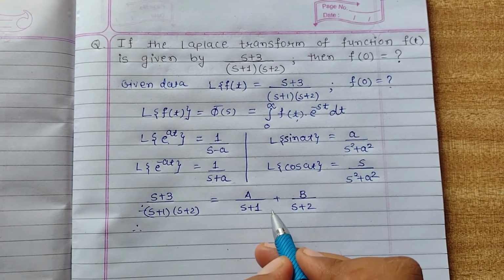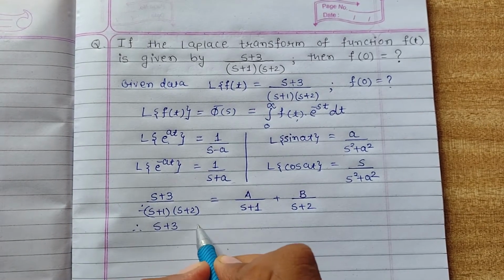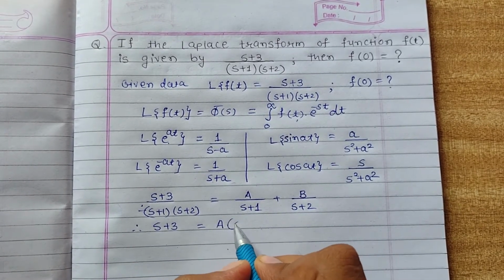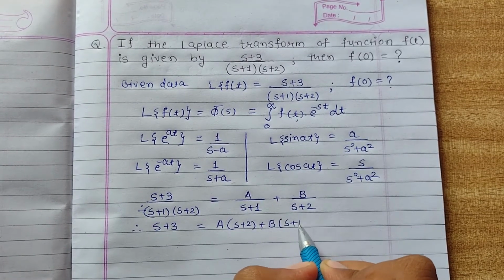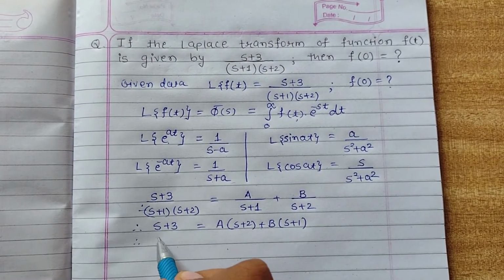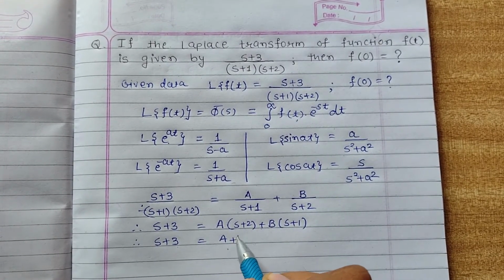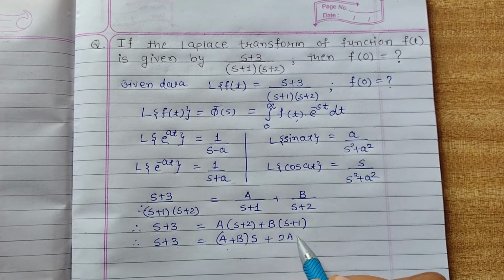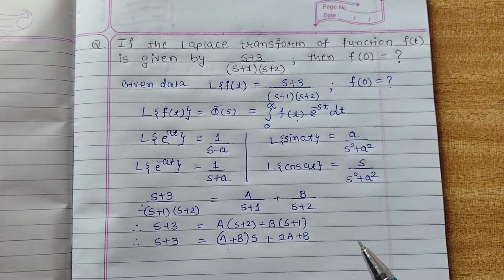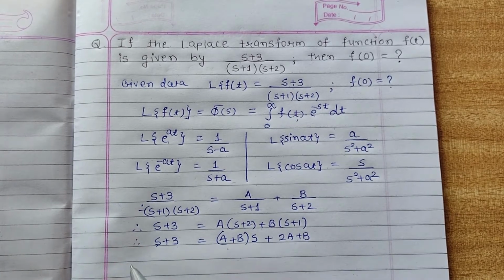So if we compare these two functions, s plus 3 is equal to a times (s plus 2) plus b times (s plus 1). Again, s plus 3 is equal to (a plus b) into s plus (2a plus b). Now if we compare the coefficient of s over here, the coefficient of s is 1 and that would be equal to a plus b, right?